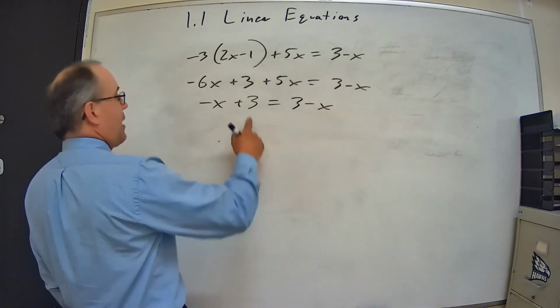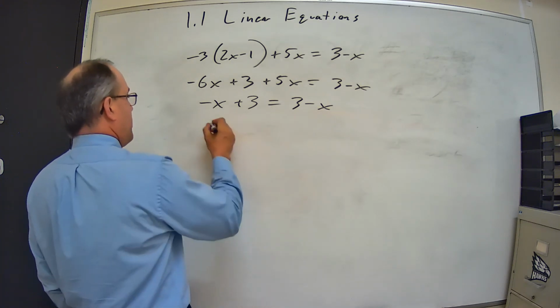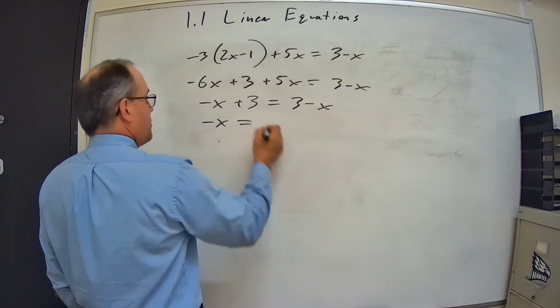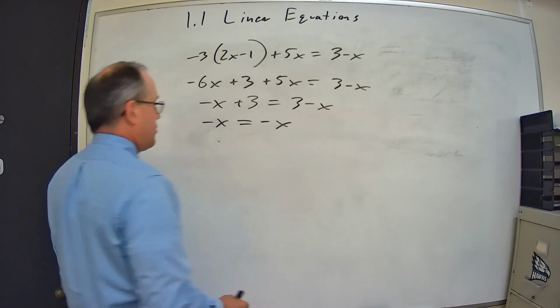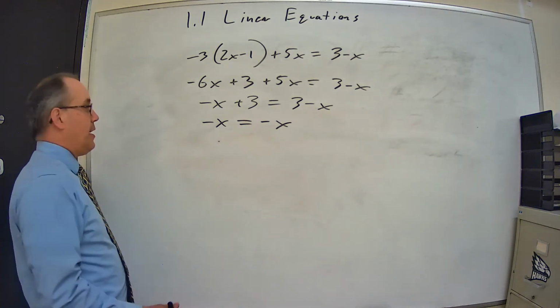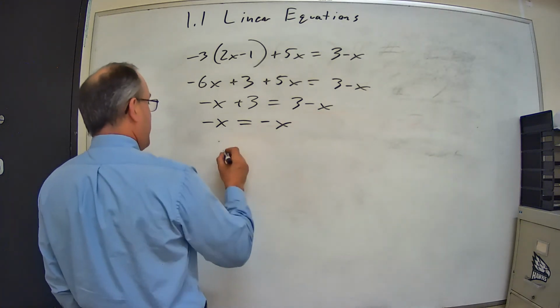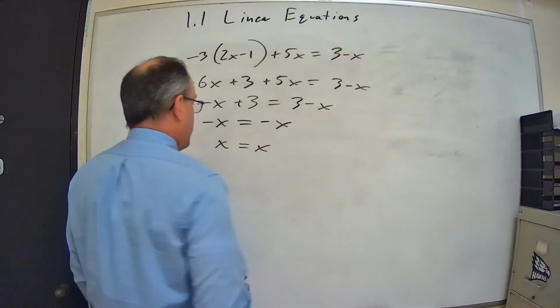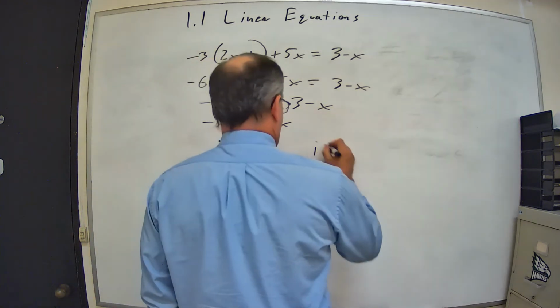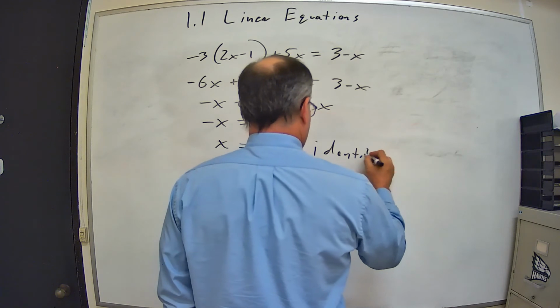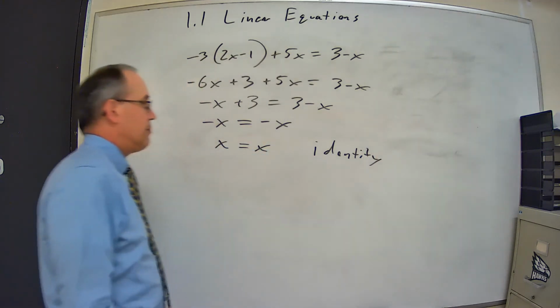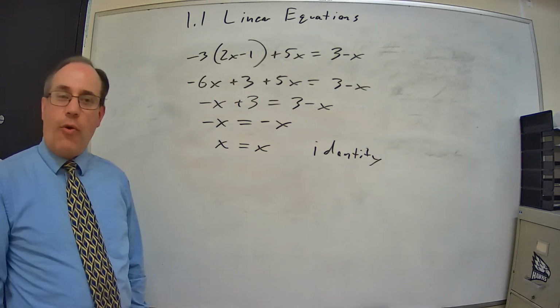Let's subtract 3 from both sides. Negative x is equal to negative x. Divide both sides by negative 1, and we get x is equal to x, and we have an identity. Well, is that the only way we could have done it?